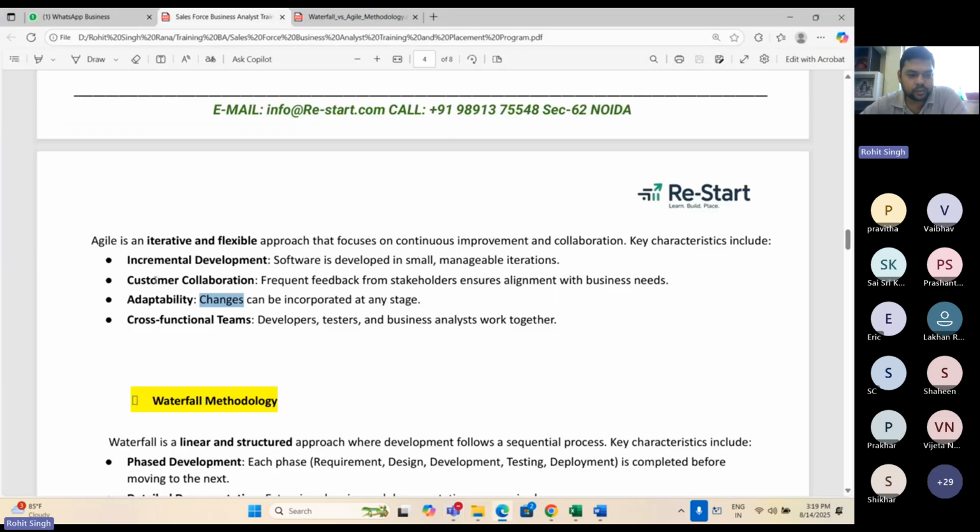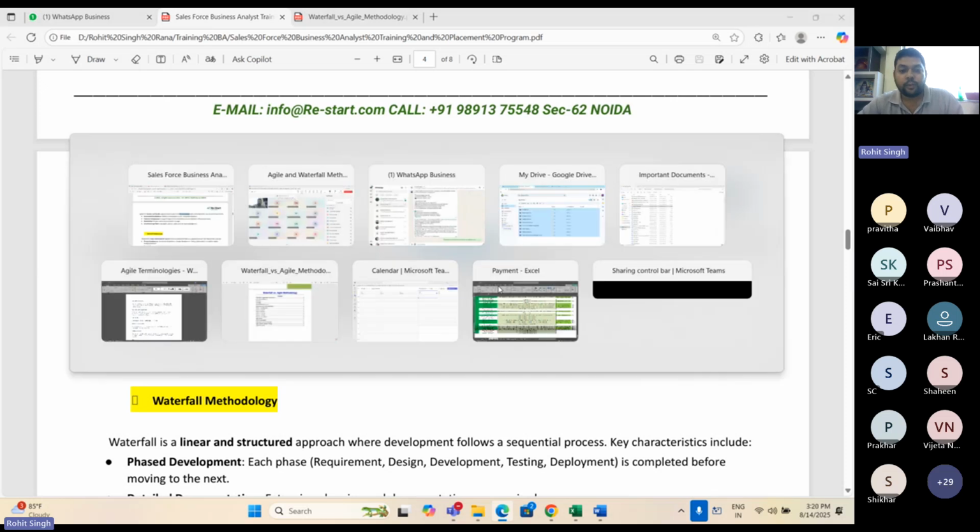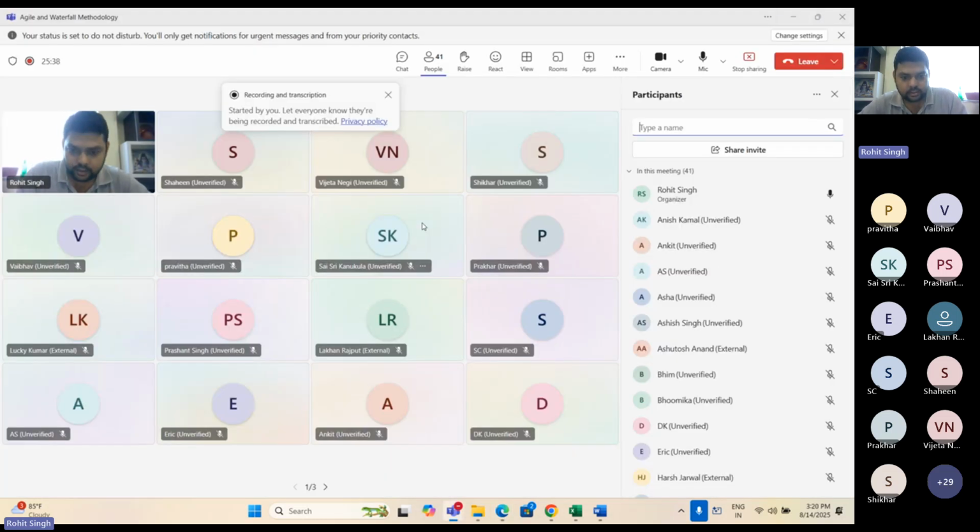So yes, of course, Agile is iterative and flexible so that we can have continuous improvement and collaboration. Continuous improvement means we entertain changes in a constructive way so that we keep on evolving and enhancing.